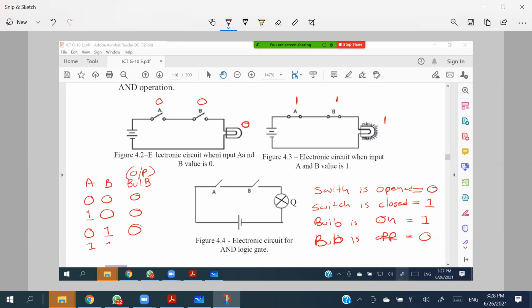If A is closed and B is closed, then the bulb is going to light up. Right? So they have given you some explanation to show how the operation of the AND gate looks alike.